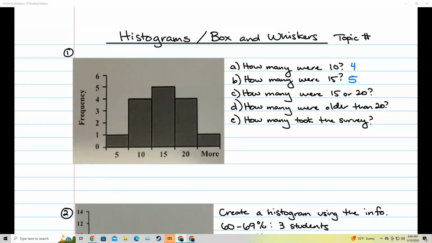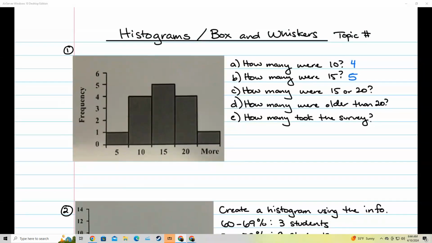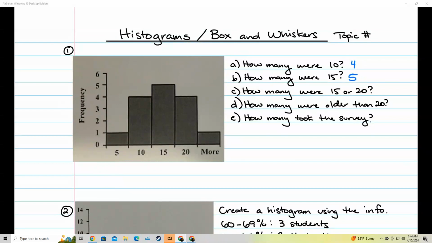Now, here's where it does get a little bit tricky, because now they said, how many were 15 or 20? When it's "or," that actually means that you're getting more options. That means you're happy if it's 15 or if it's 20. So I know that of the 15, there's 5 of these guys. Let me write that 5 here.